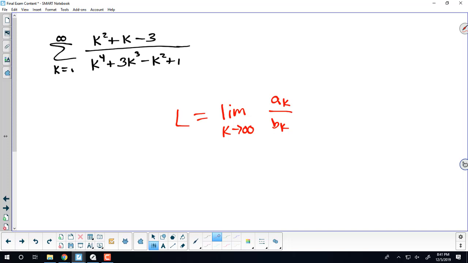Try to pick something comparable. What's comparable here for b sub k would be 1 over k squared, and other things are comparable too. You got to know whether the series you're choosing to compare to converges or diverges. We could certainly compare this to 1 over k cubed as well. Might get a different result.